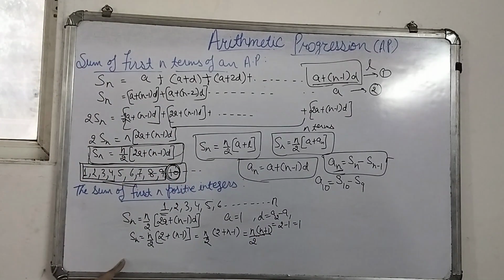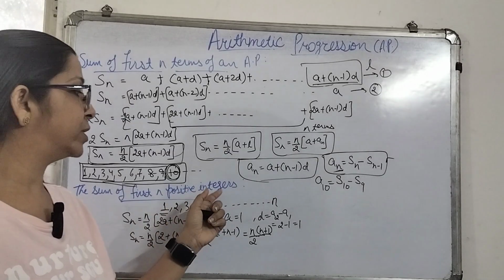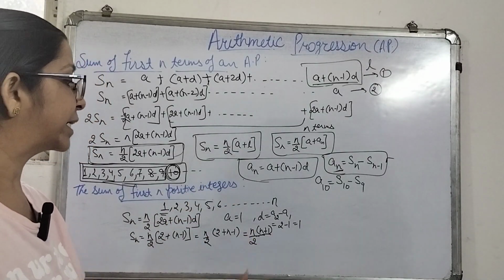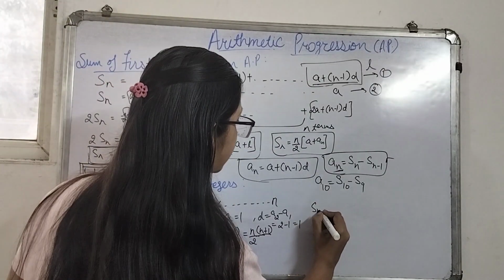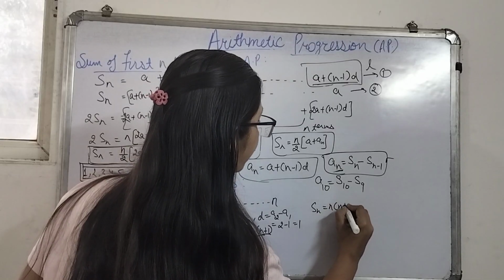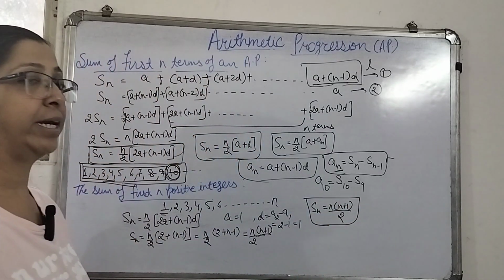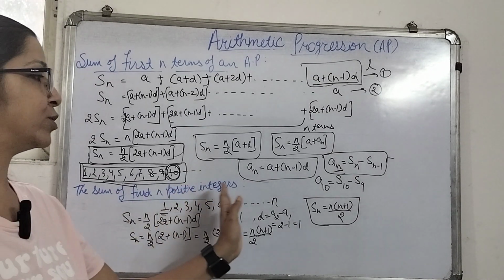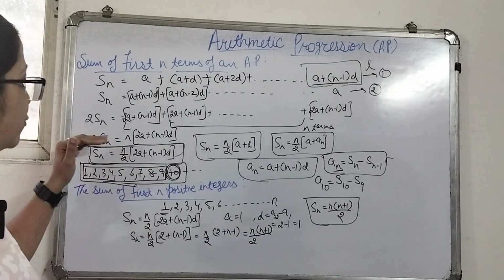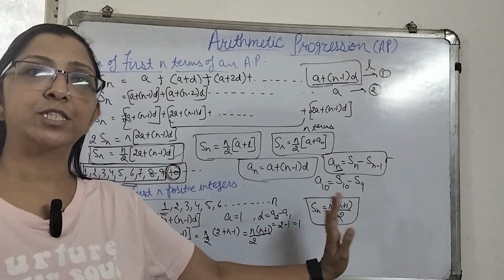So this is the formula for finding the sum of first n positive integers. Directly we can use the formula Sn is equivalent to n into n plus 1 by 2. Using this formula directly we can find the sum of first n positive integers. From this formula only we have derived this formula also.